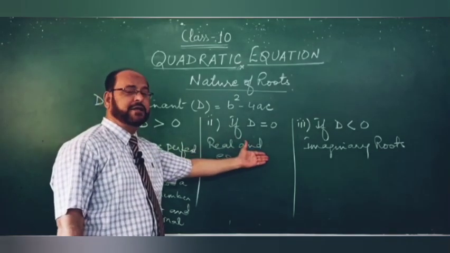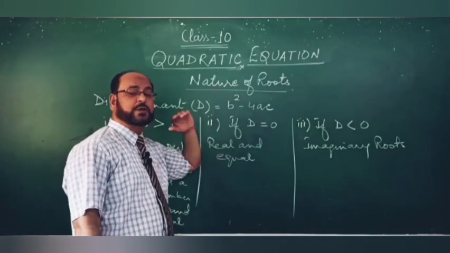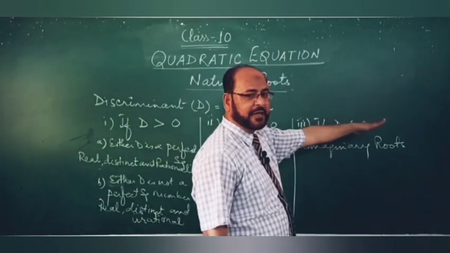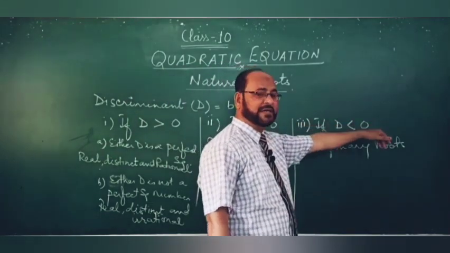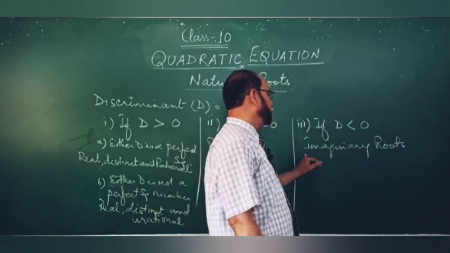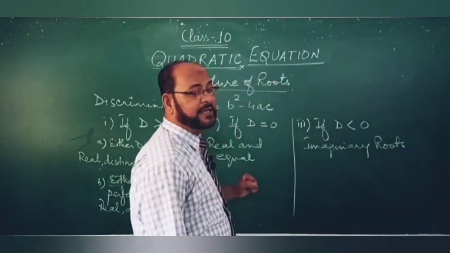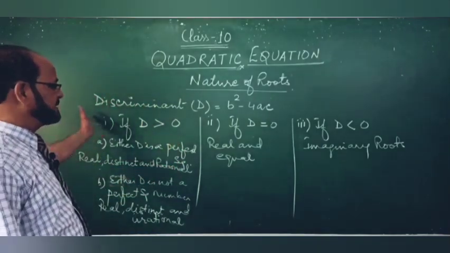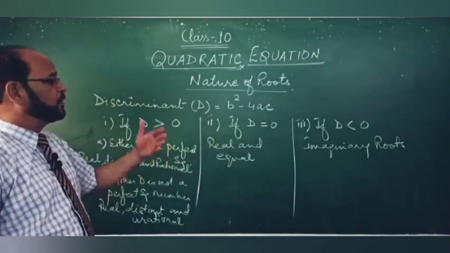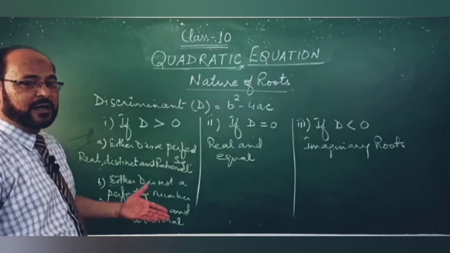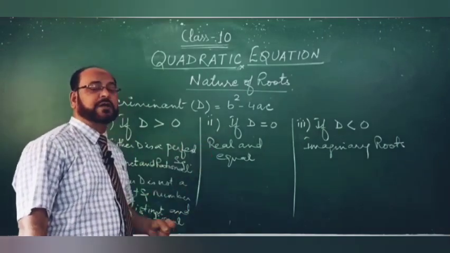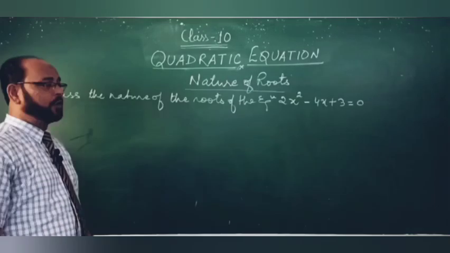When D is equal to 0, the roots are real and equal. When D is any negative value, meaning D is smaller than 0, the roots will be imaginary. So it's very important to memorize these three conditions. Then only you will be able to comment on the nature of the roots of the given equations.